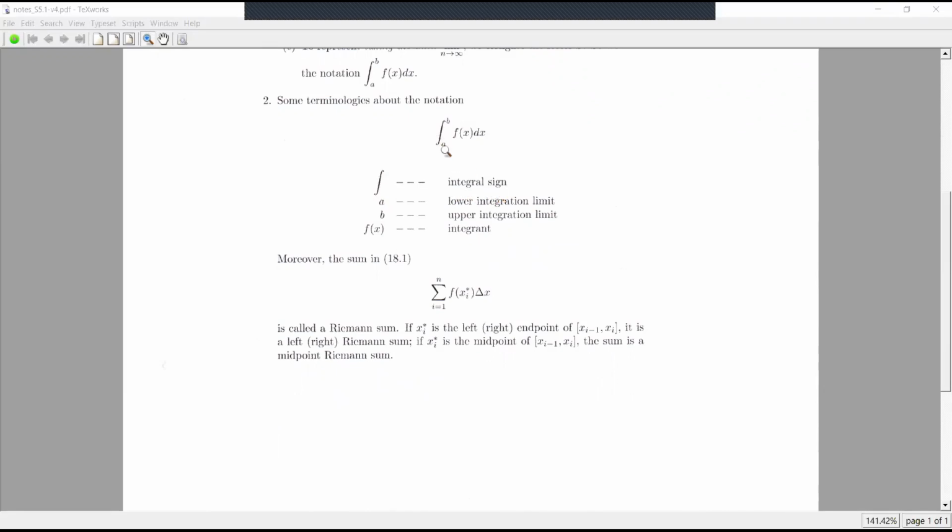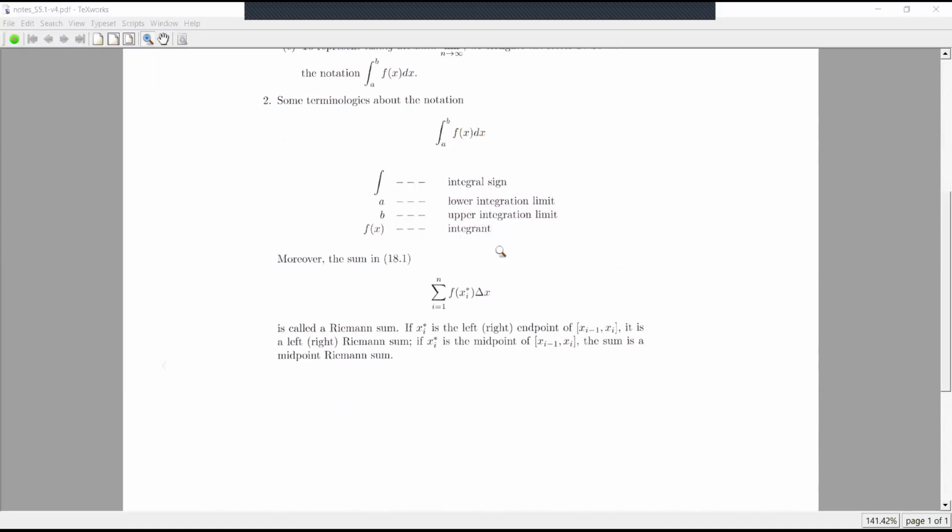The point a we call the lower integration limit. b is the upper integration limit. Then how about the function f? The function f we call the integrand.